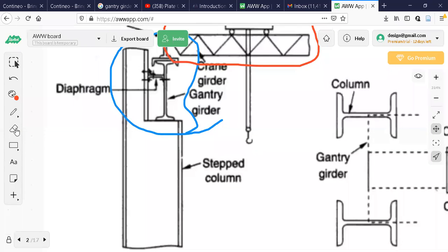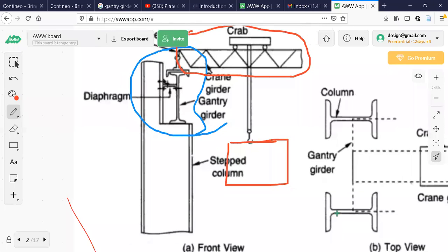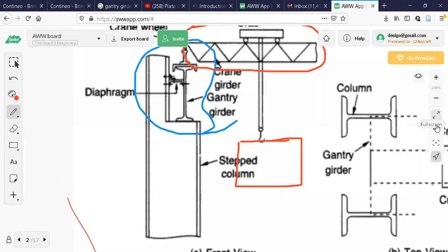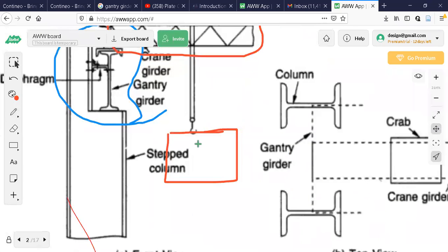The box is not shown, but I'll draw it here. So the box is connected like this. Heavy box it is. Even 10 guys cannot lift it. So now observe here.